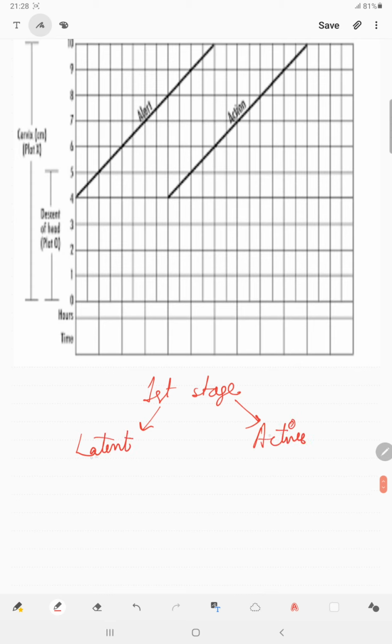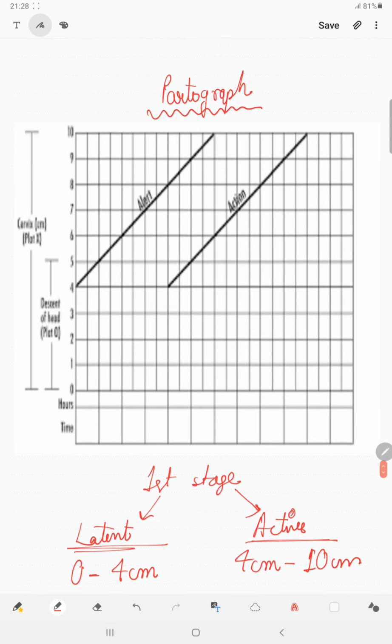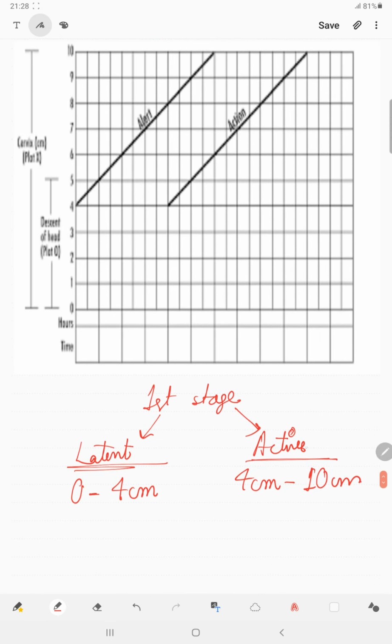In the latent phase, my cervix dilates only from 0 to 4 centimeter, and in the active phase my cervix dilates from 4 centimeter to 10 centimeter. So you will start plotting on the partograph only when the woman is in the active phase of the first stage of labor, not in the latent phase.